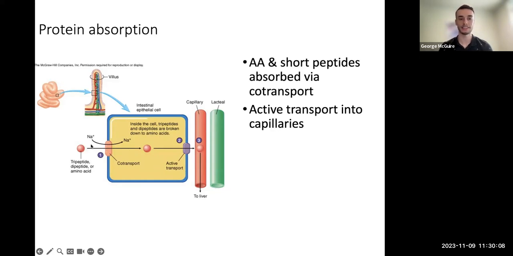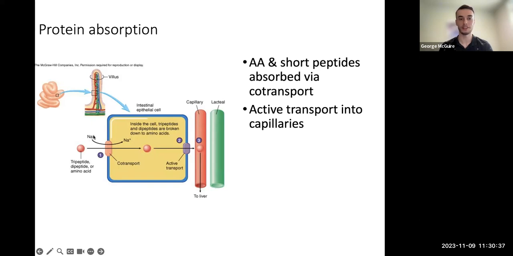Coming out of the space in our small intestine into these lining cells will be done through a method of active transport called co-transport. So this is using a membrane protein that is going to require the input of energy. It is active, but instead of using ATP as an energy source, we use the natural energy that results from the diffusion of other molecules like sodium here.